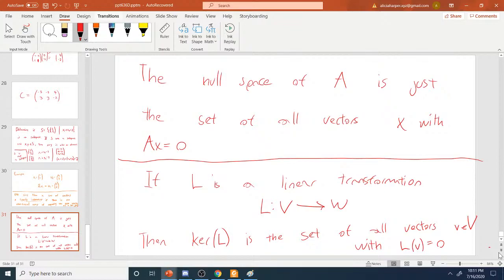So this is the kernel, and it's very closely related to the null space.